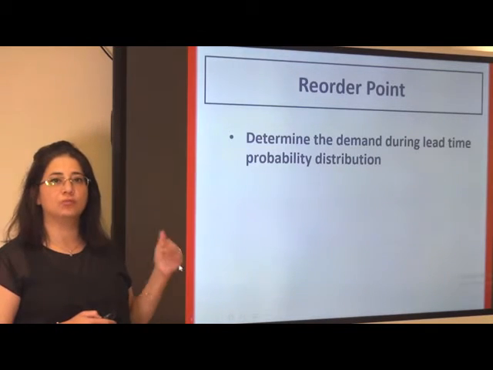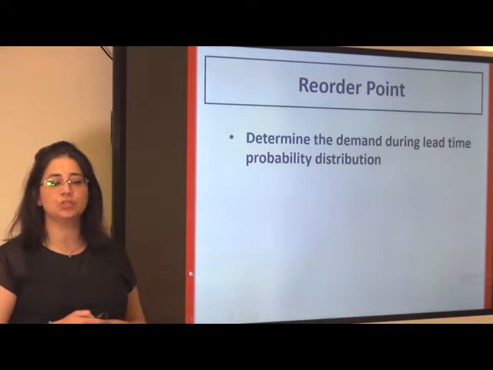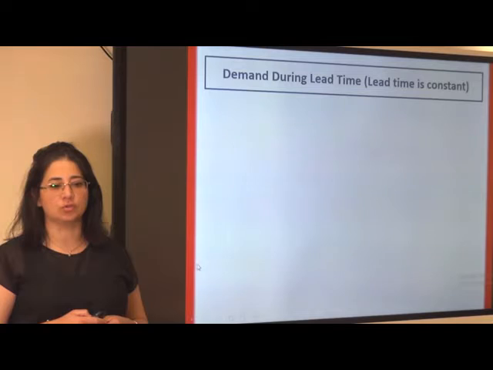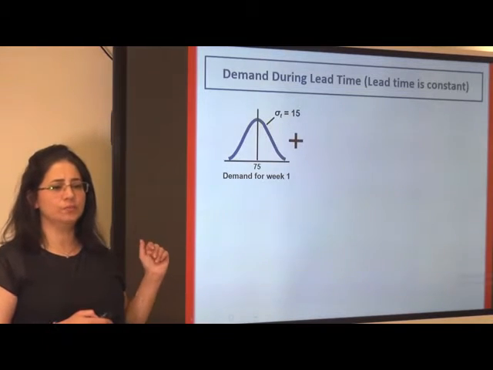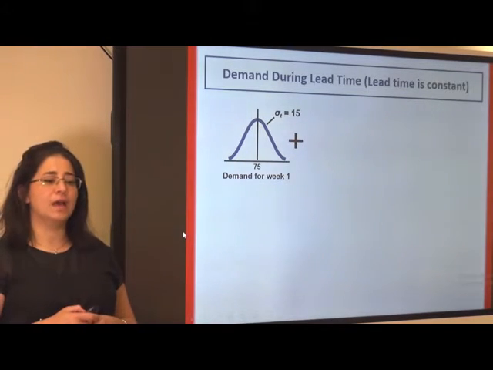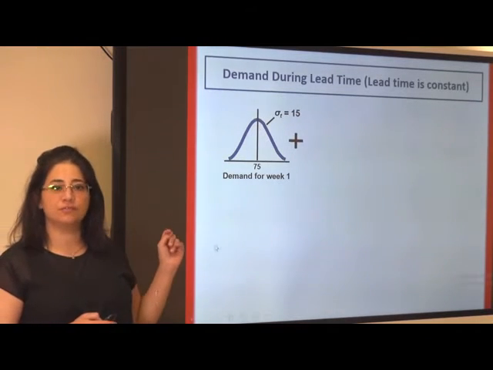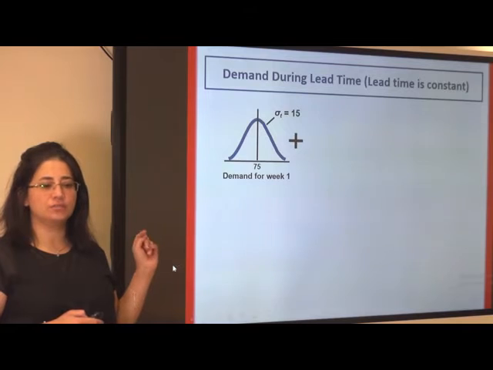So first we have to determine the probability distribution of demand during lead time to determine the safety stock. Let's assume here that we have average weekly demand of some item of 75 with standard deviation 15.